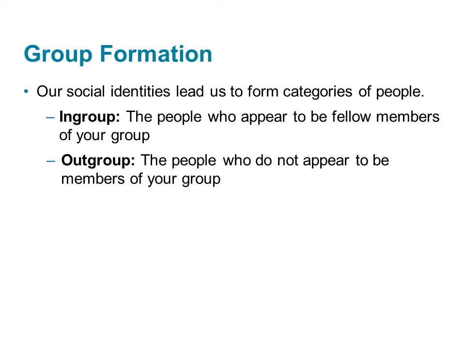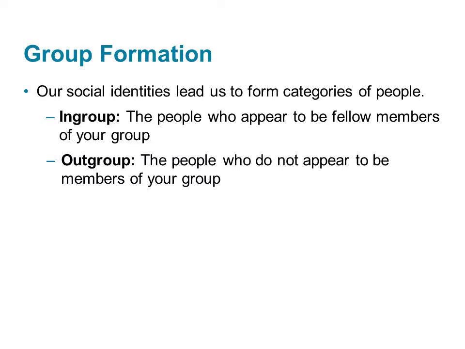Our social identity then impacts how we categorize other people. People who appear to be part of our group or groups are called in-group members. The people who do not appear to be part of our group are called out-group members.